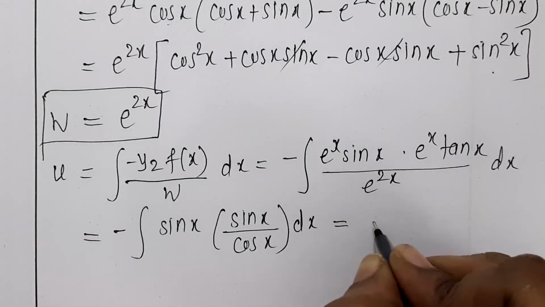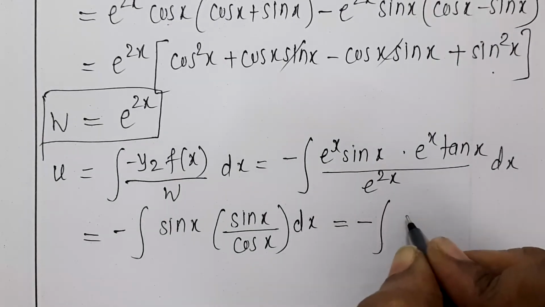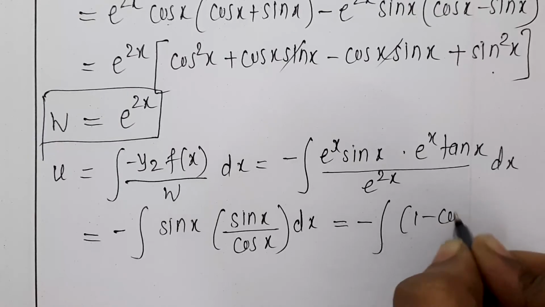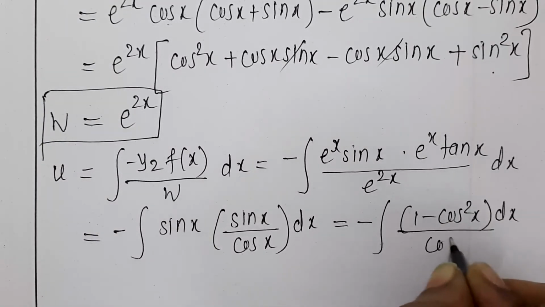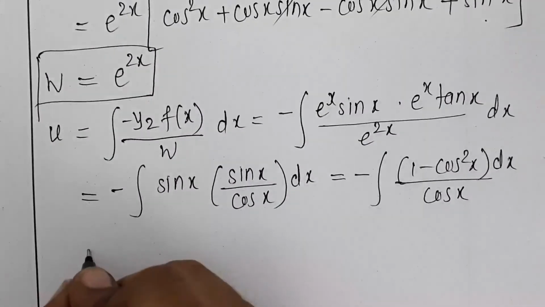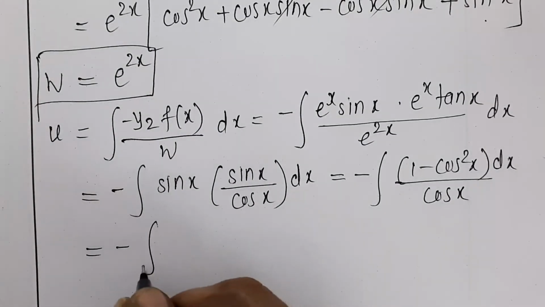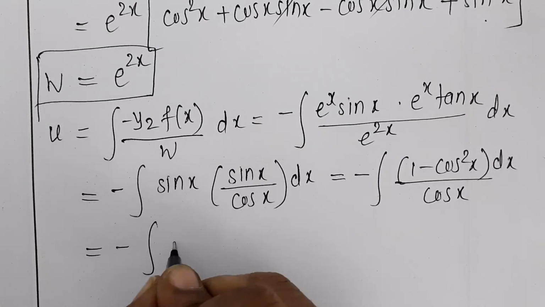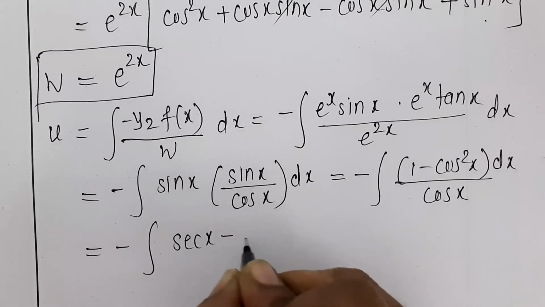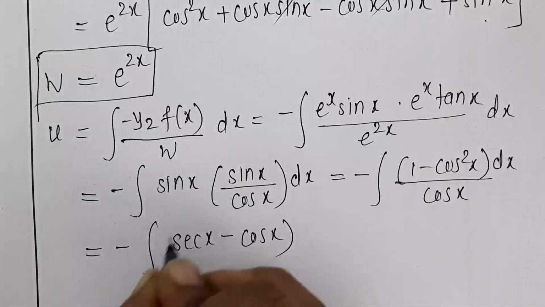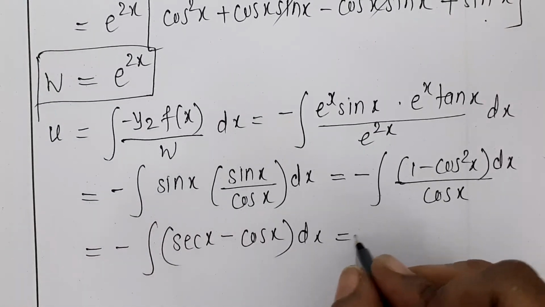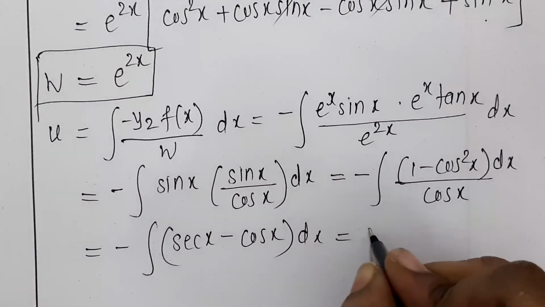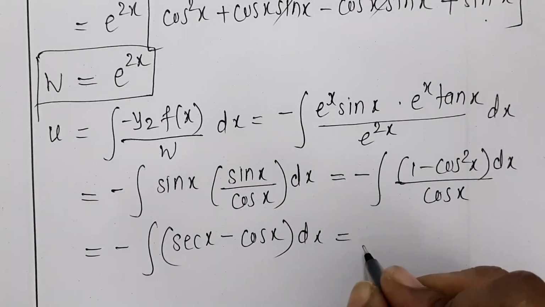Sin^2 x is 1 minus cos^2 x, into dx divided by cos x, which is equal to minus of integration of 1 by cos x, which is sec x, minus cos x; cos x gets cancelled, into dx. Integration of sec x is log of sec x plus tan x.